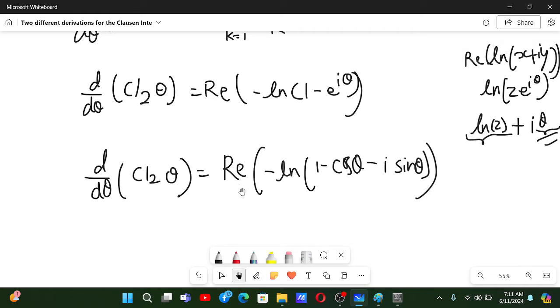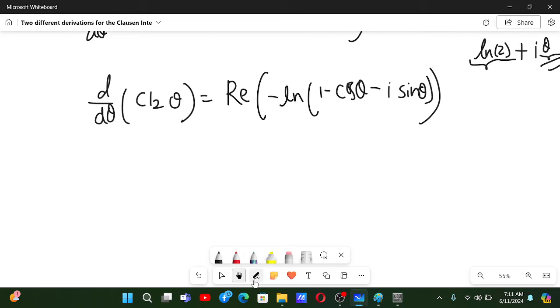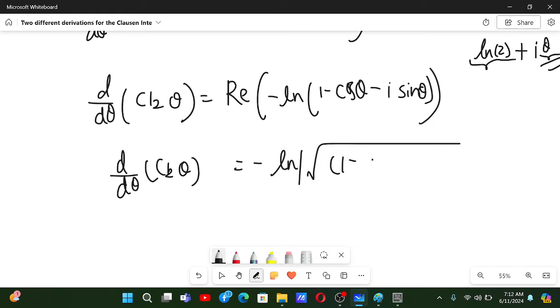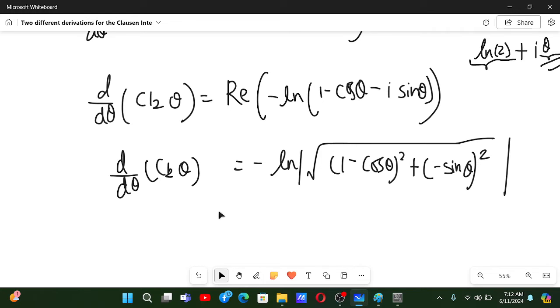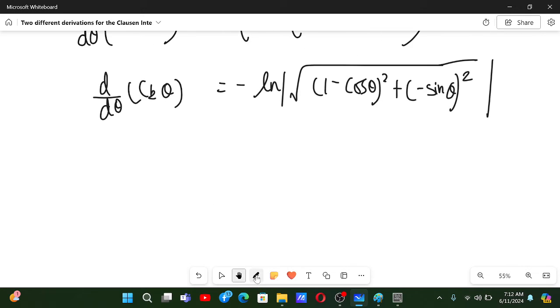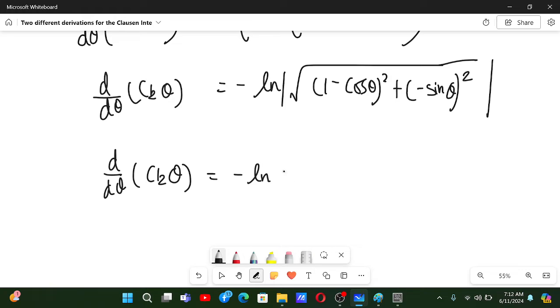So let's find the real part, the logarithm of its magnitude. The derivative of Cl2 of theta will just be the logarithm of its magnitude. The magnitude is the square root of (1 minus cos theta) squared plus (minus sin theta) squared. This is the real part. Now, the derivative of Cl2 of theta will just be the negative of ln of this.